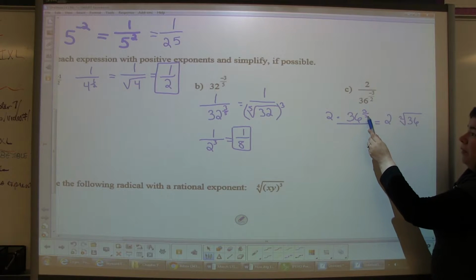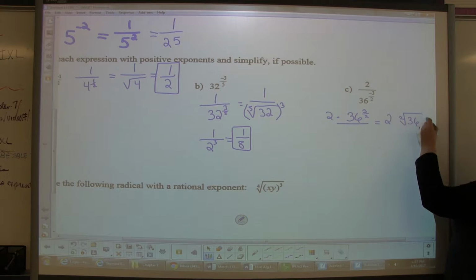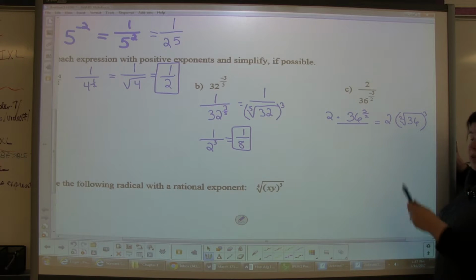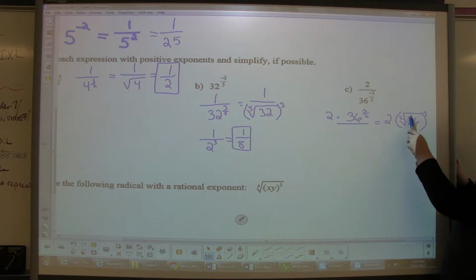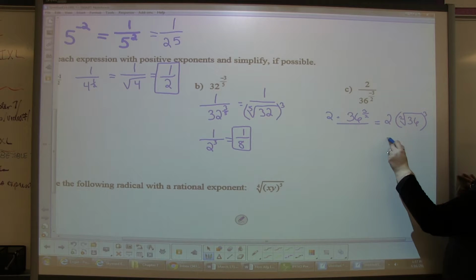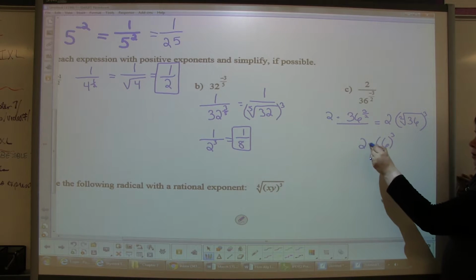Remember, the denominator becomes our index, which technically we didn't have to put a 2 in there, but then raised to that 3rd power. Order of operations tells us to take care of anything in parentheses and exponents first, so we're treating this as parentheses. The square root of 36 is 6, and 6 cubed, and then whatever that answer is, times 2.